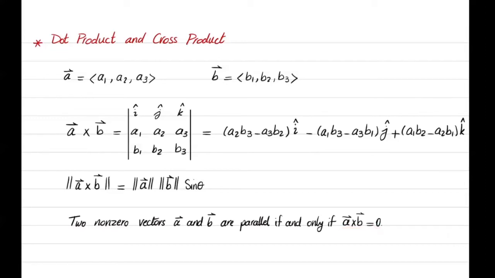We know that two vectors will be parallel if the angle between them is equal to zero. And if theta is equal to zero, then its sine will also be equal to zero, which means that two vectors are parallel if and only if the cross product is equal to zero.